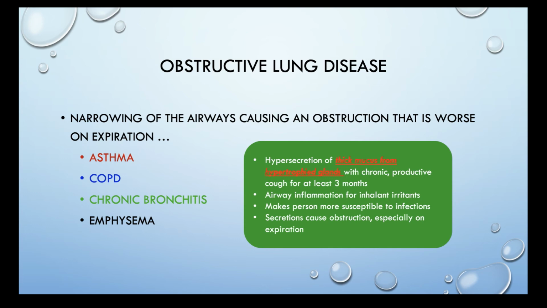It's inflammation from inhaled irritants. Anyhow, it makes a person more susceptible to infections. Their airway is very compromised, very easily can develop a pneumonia. And the secretions cause obstruction, and of course, like I stated, especially on expiration, and that's why it's the obstructive type of bronchitis.